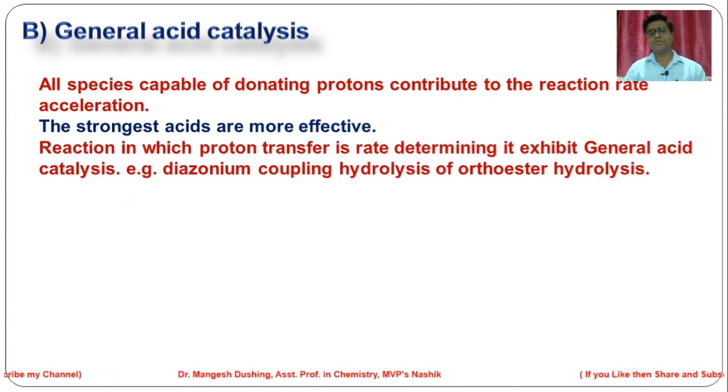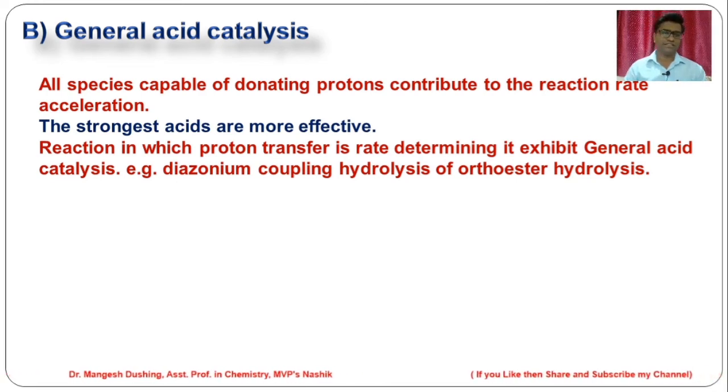The reaction in which proton transfer is rate determining exhibits general acid catalysis. For example, diazonium coupling hydrolysis or orthoester hydrolysis.